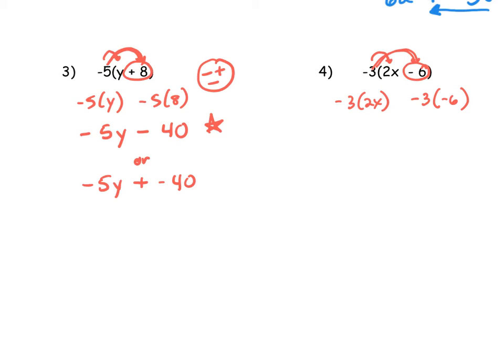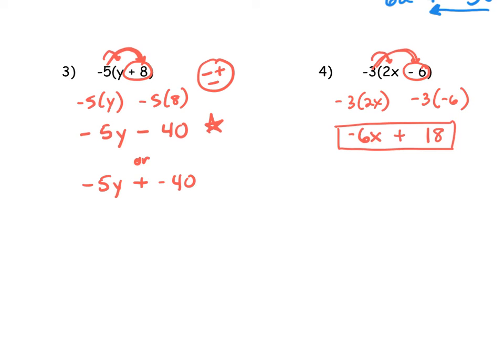So negative 3 times 2x would be negative 6x. What is negative 3 times negative 6? It is positive 18. And since it's positive, I'm going to use that positive sign, or that plus sign in between, to make this one expression. We always want to put those two terms together.